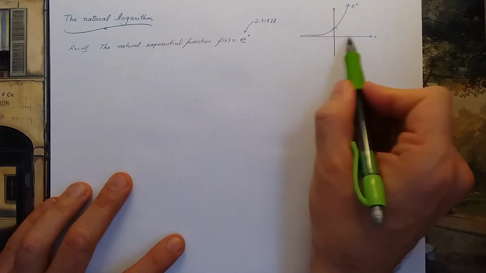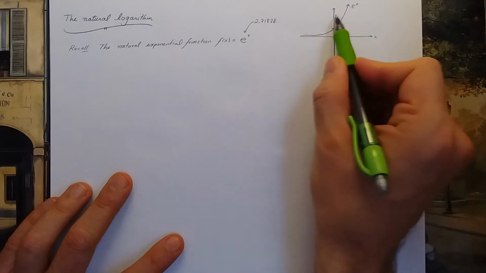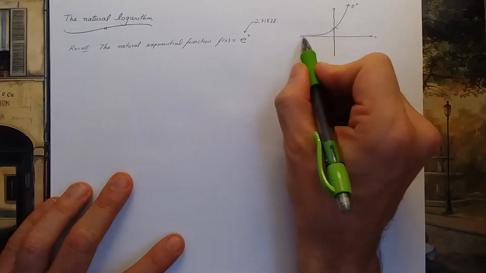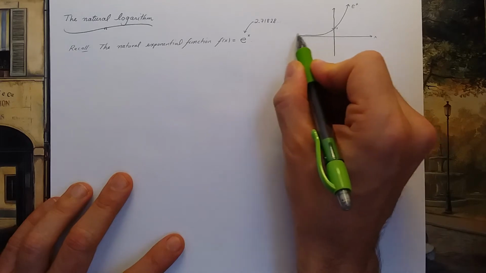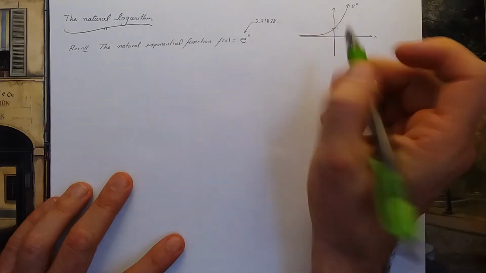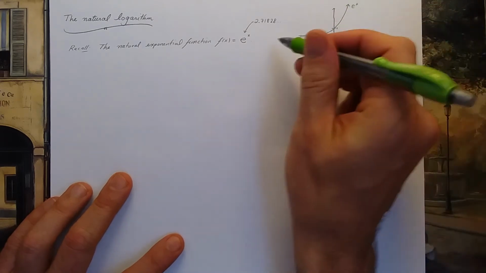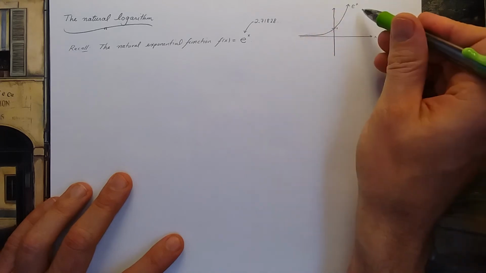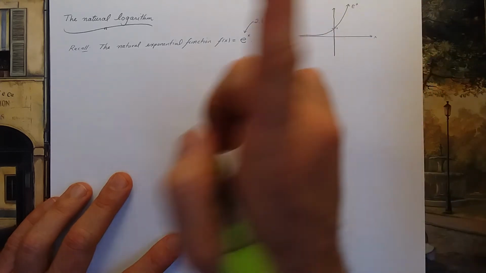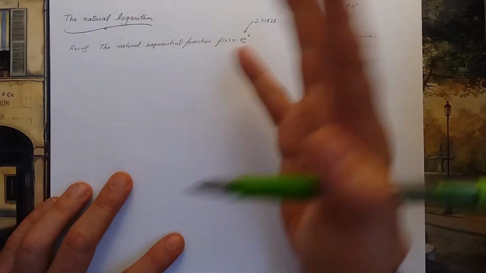So if you notice the graph, this function passes the horizontal line test. Maybe it doesn't look like that in my drawing because it appears that this part of the graph is almost horizontal, but it's very, very slightly slanted up. So this function indeed passes the horizontal line test, meaning this function is 1-to-1, and meaning this function has an inverse.